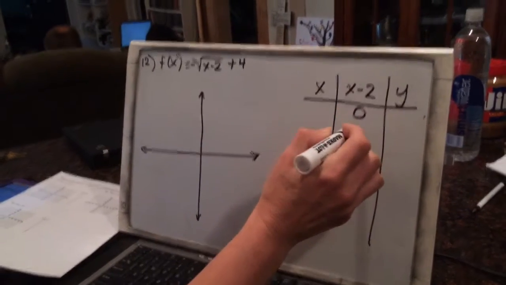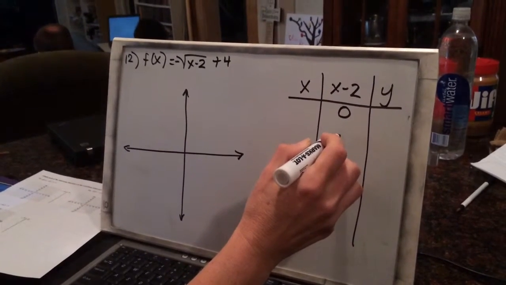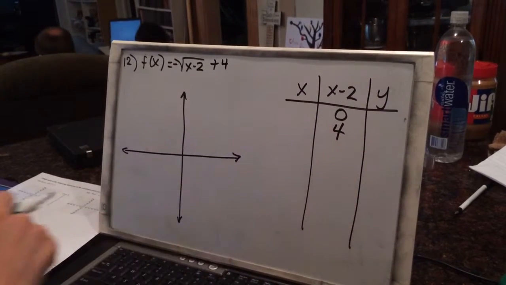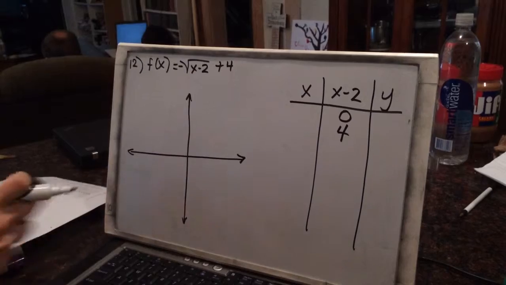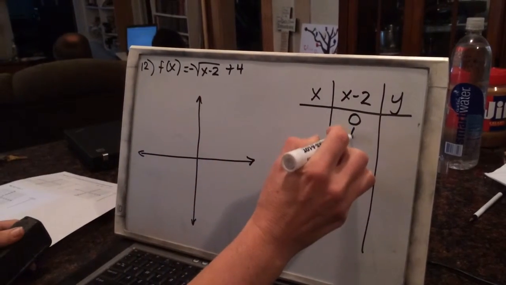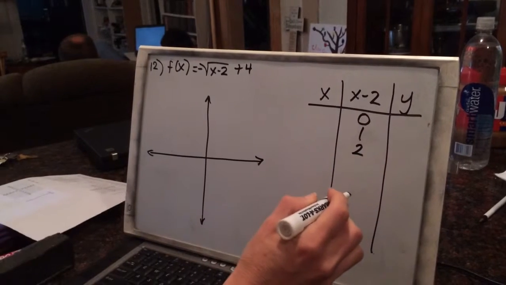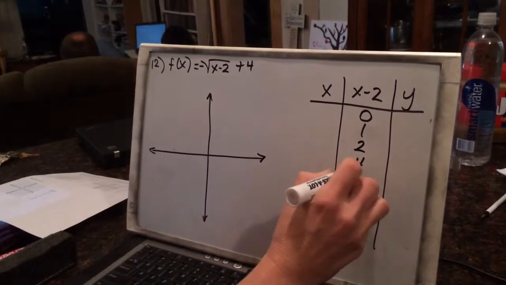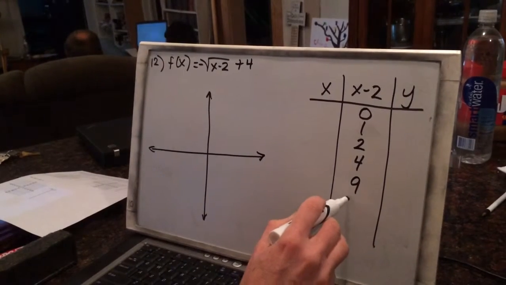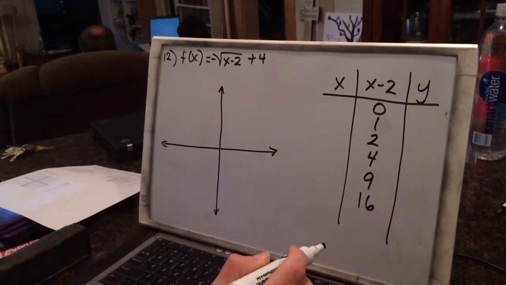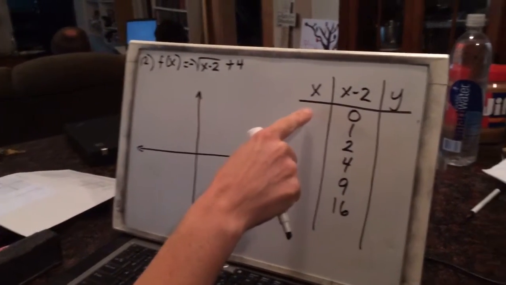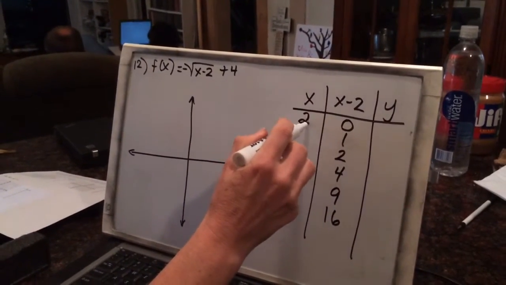So we can use 0, and we can start with 1. 1 is, of course, a perfect square. 2 is the next perfect square. Then 4. Then 9. Then 16.